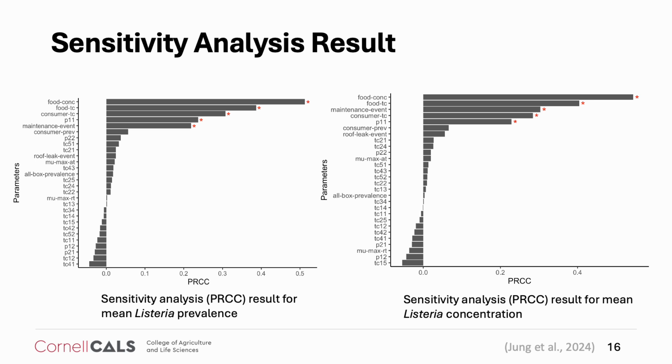So these results suggest that obtaining accurate Listeria concentration on incoming produce and transfer coefficient from incoming produce to employee are important, as they can drive the overall Listeria prevalence and concentration at the produce section of the retail store, and also allow us to develop targeted corrective actions that could be tested with what-if scenario analysis, which I'll explain further later.